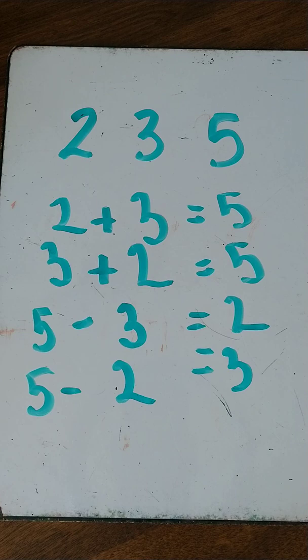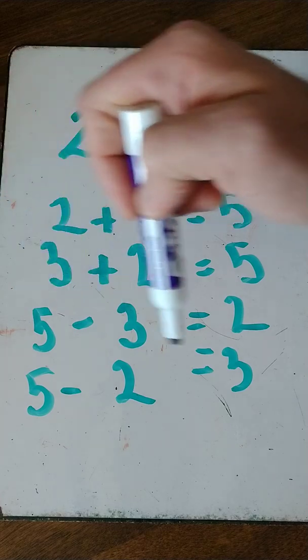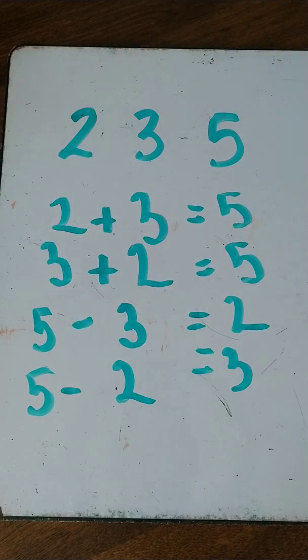And that is the fact family for 5, 3, and 2. So we have 2 plus 3 equals 5, 3 plus 2 equals 5, 5 minus 3 equals 2, 5 minus 2 equals 3.